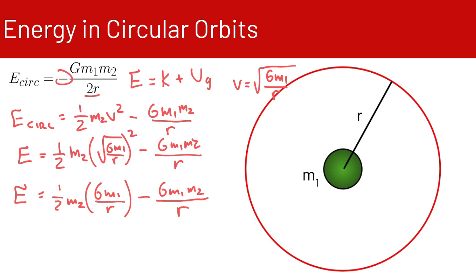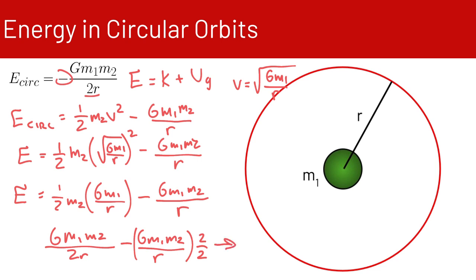So this gives us G m1 m2 over 2r minus G m1 m2 over r. To get a common denominator, we multiply this term by 2 over 2. Together we end up with minus G m1 m2 over 2r.